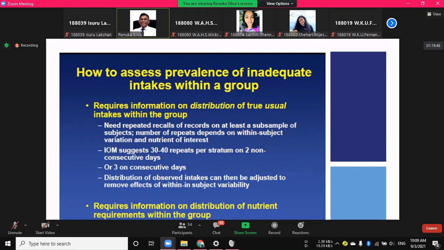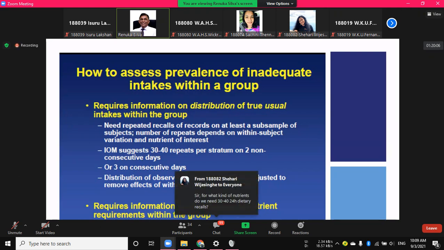The Institute of Medicine, IOM, an American medical research body, suggests 30 to 40 repeats for a group of people on 2 non-consecutive days. Not consecutive days, but 2 non-consecutive days, 30-40 repeats per group is required.